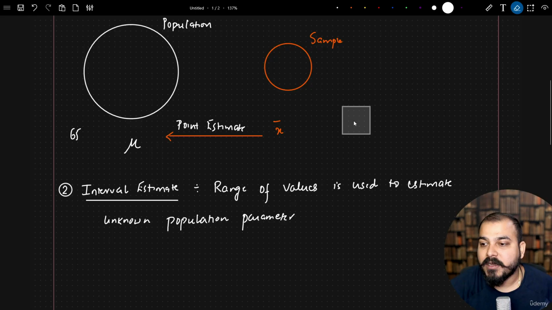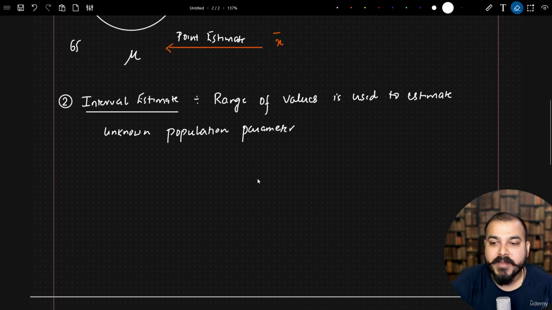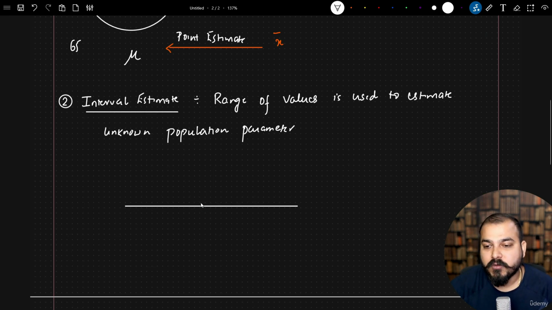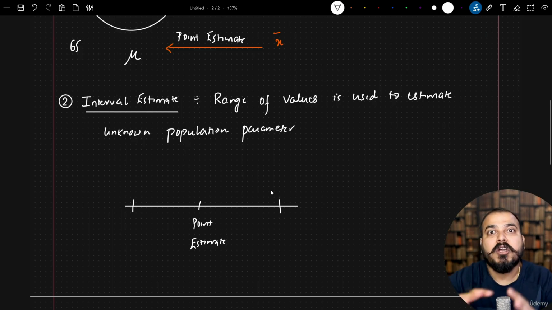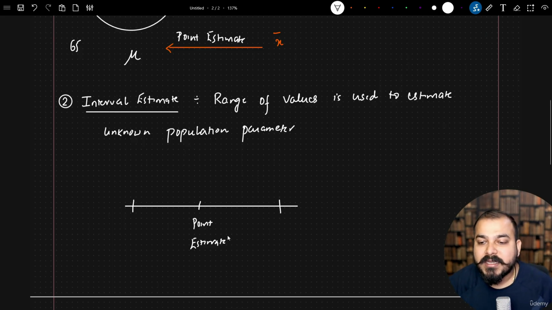We can use a point estimate, but along with the point estimate we define one range, which says plus or minus margin of error.